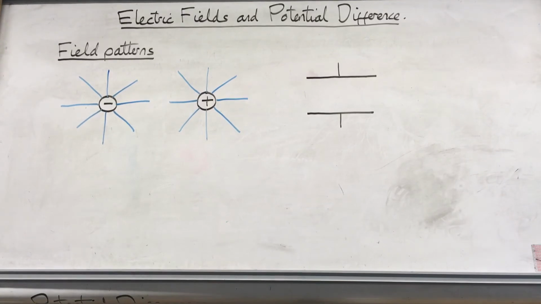Now, as you can see, the patterns look the same. Both of these particles are spherical and they have what's called a radial pattern for the field around it.